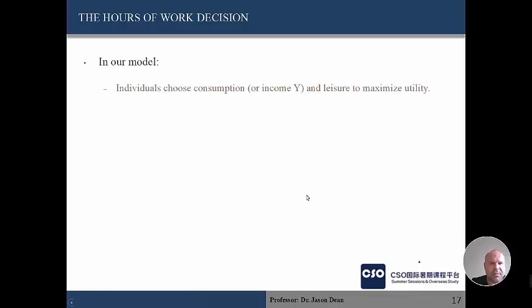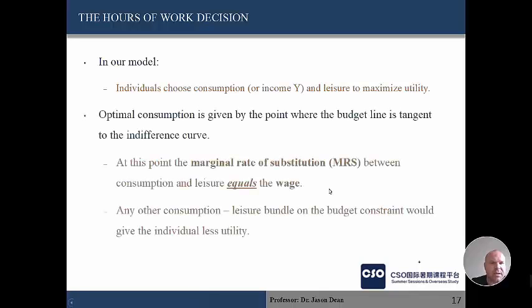Now let's talk about our model. In our model, individuals choose either income or consumption. The income is going to be used to buy consumption, and they're going to be choosing that and leisure to maximize their utility. Up to this point, we haven't looked at the optimal decision yet. The optimal decision is going to be the point where the budget line is tangent to the indifference curve of the individual.